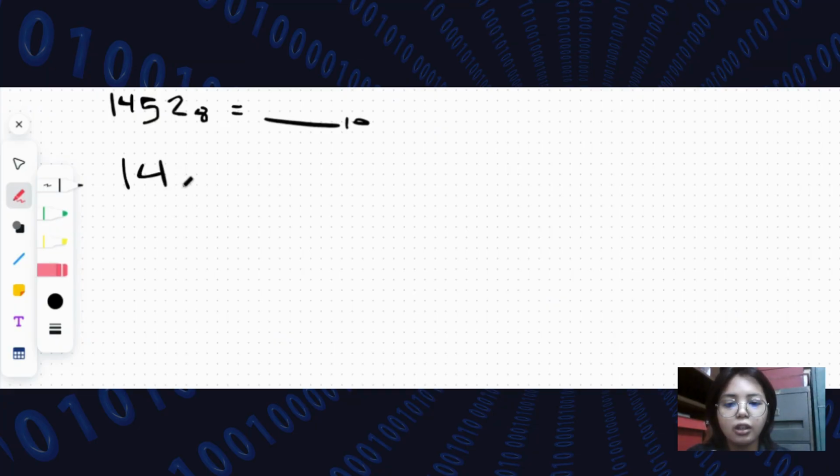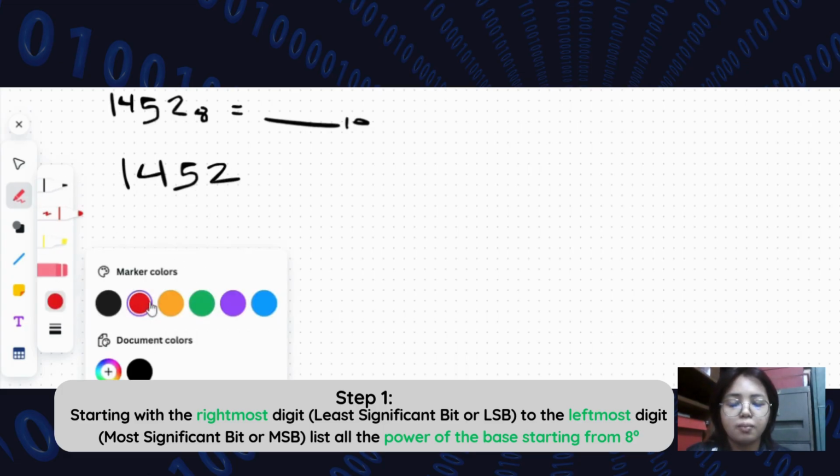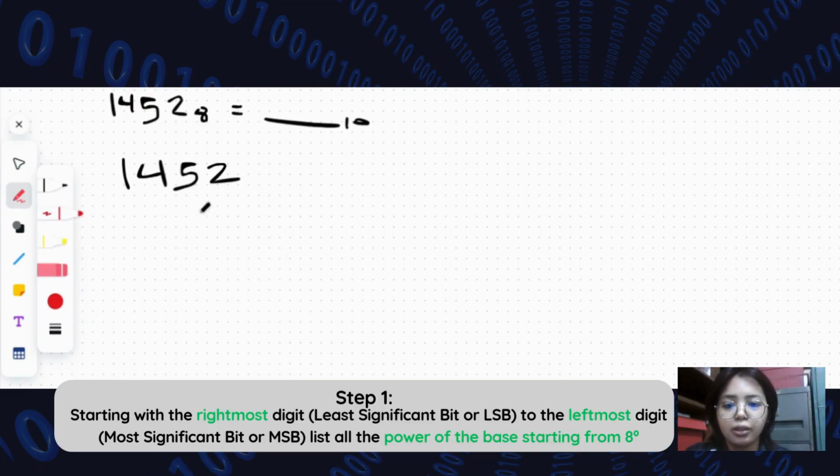And then starting from the rightmost digit, which is number 2, that is our least significant bit, we will list it down based on the power of 8, starting from the power of 0. So 8 raised to the power of 0, 8 raised to the first power, then 8 raised to the second power, and 8 raised to the third power.